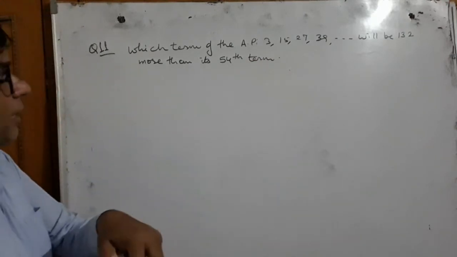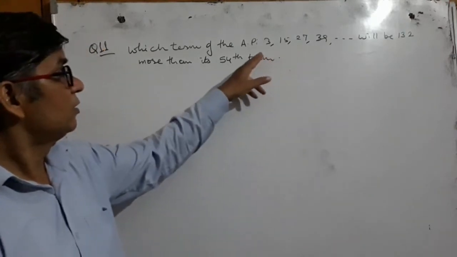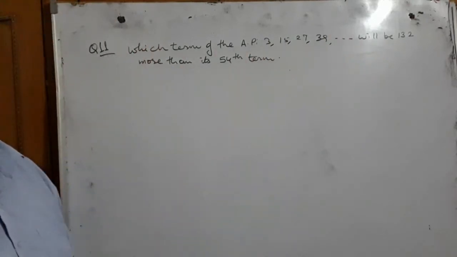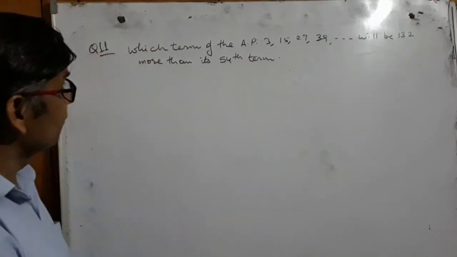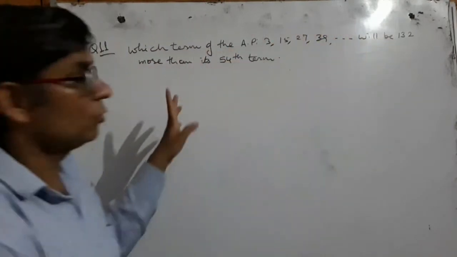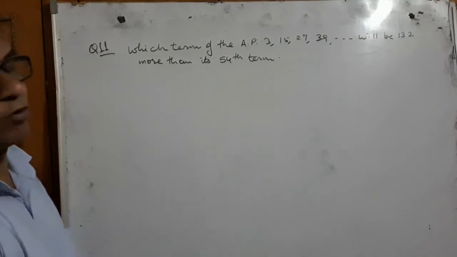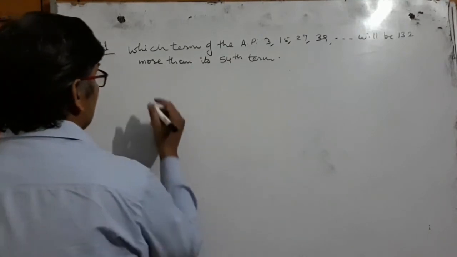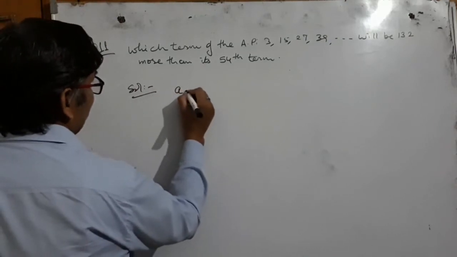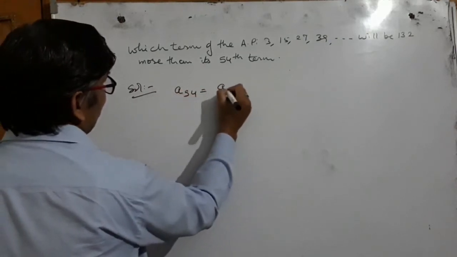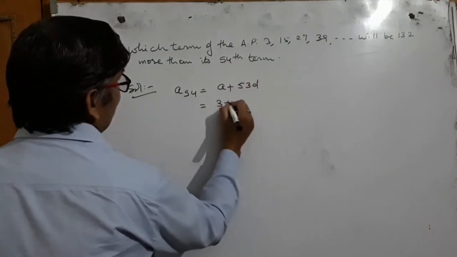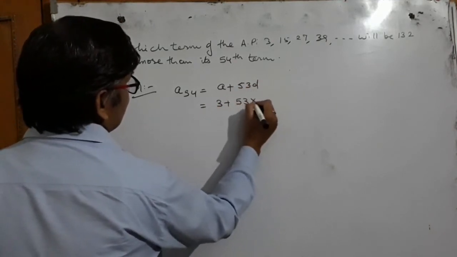Which term of the AP 3, 15, 27... will be 132 more than its 54th term? We have to find the solution. A54 means A plus 53D.